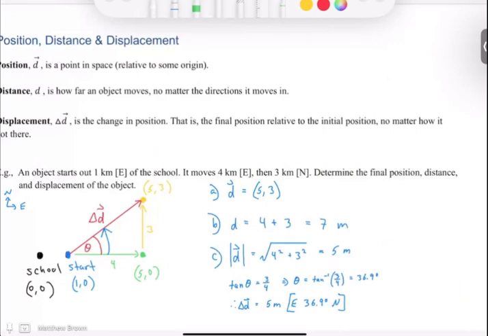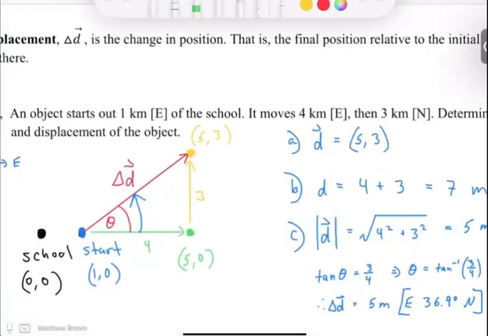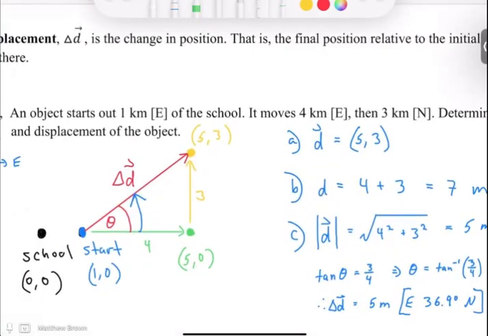Yeah, so for this, the process of doing the inverse tangent, that's what we had to do. But often you're given information that you actually have to break apart. For us, we were very fortunate in this question as the first question. I wanted to be easy because we were told 4 east and 3 north.